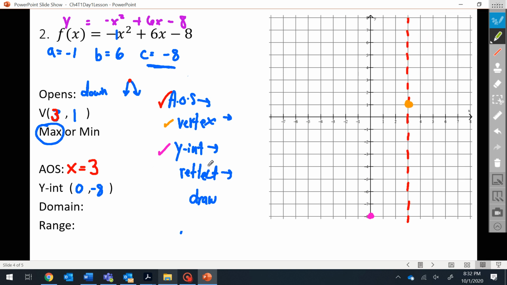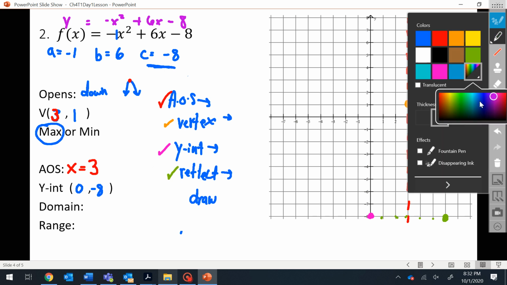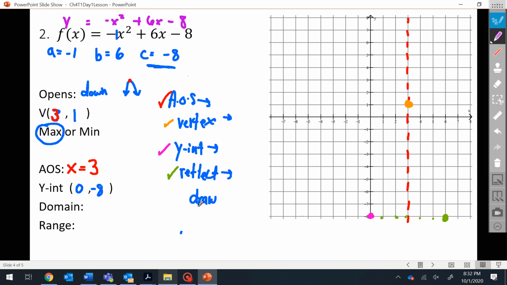I'll now reflect it to get another point, so I have to count how far away it is from the axis of symmetry. So 1, 2, 3. So I'll go 1, 2, 3 in the other direction. So check, I've reflected it. Now, last but not least, I need to draw my parabola. Keep in mind, it's going to look upside down, so it will look something like this.